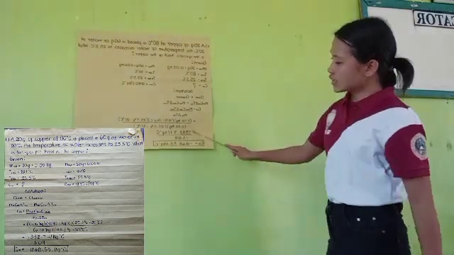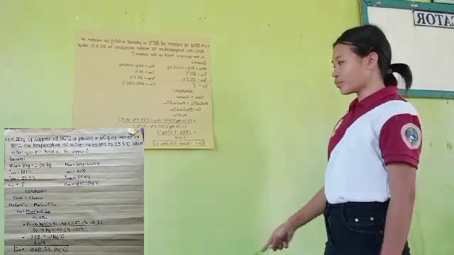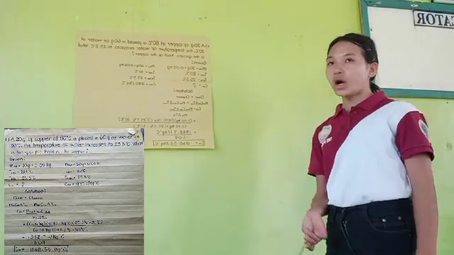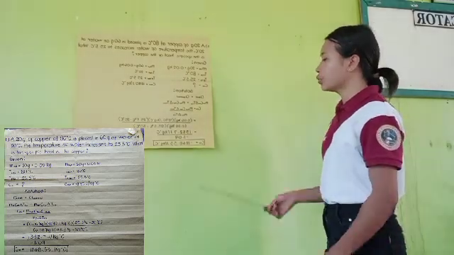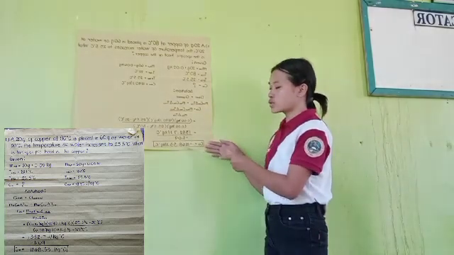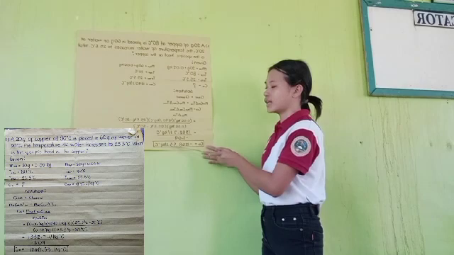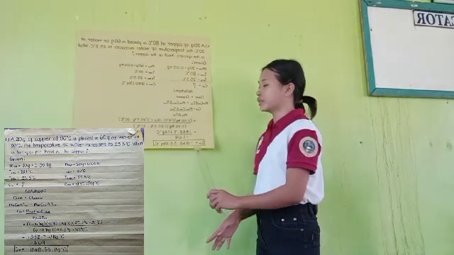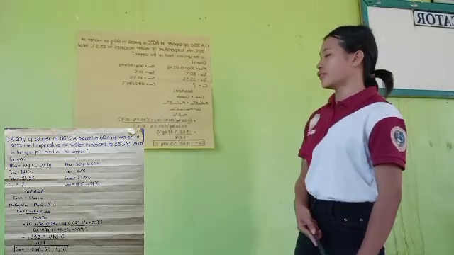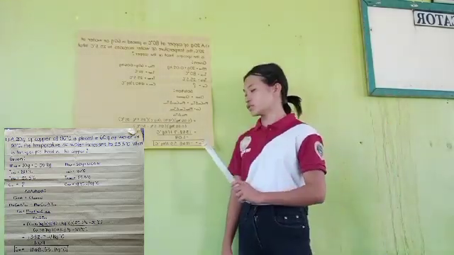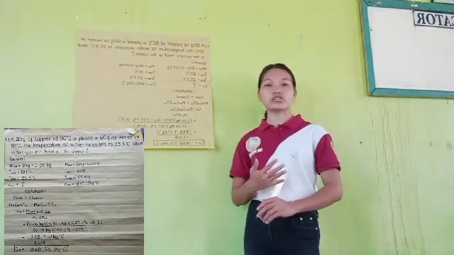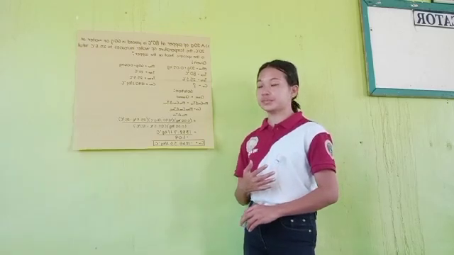So 1,382.7 joules per kilogram degrees Celsius over negative 1.09 is equivalent to the specific heat of the copper, which is negative 1,268.53 joules per kilogram degrees Celsius. So, the specific heat of the copper is negative 1,268.53 joules per kilogram degrees Celsius.